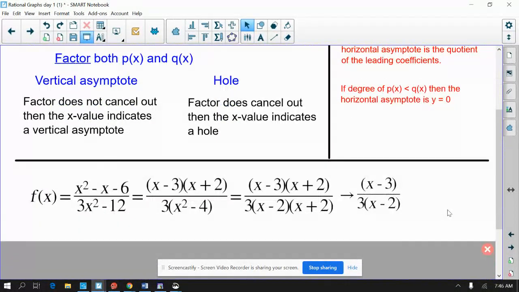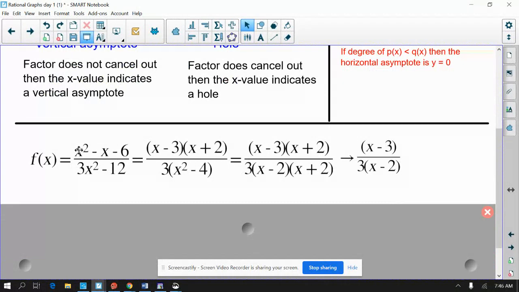Okay, so for a quick example, here's a rational function, x squared minus x minus 6 divided by this. You're going to factor pretty much every time you see this. So just factor, factor, factor. The top factors into this. The bottom, I got a GCF of 3, difference of squares, and here I am. So at this point, I know there are 2 points of discontinuity, 2 and negative 2.